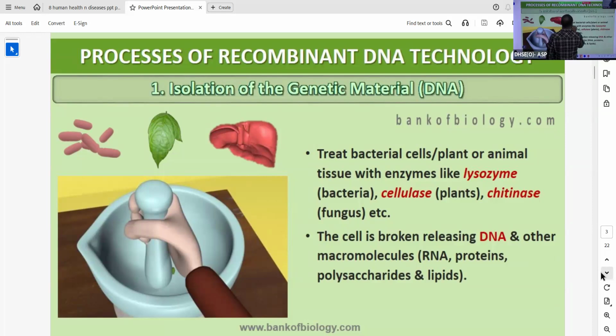We can treat bacterial cells, fungal cells, plants, animals, or any other tissues. For example, the bacterial cells. Remember, bacteria, fungi, plants.